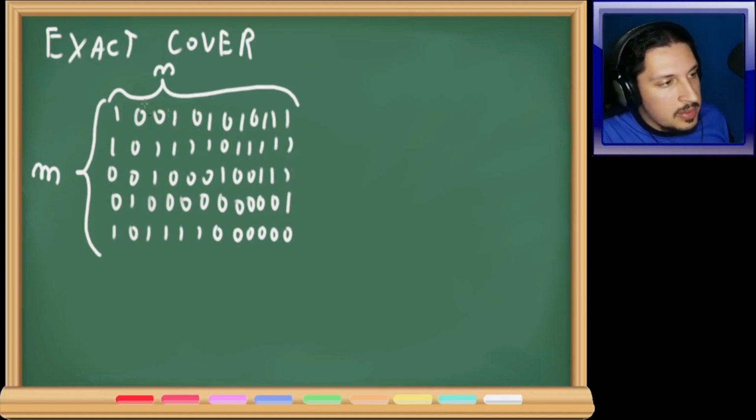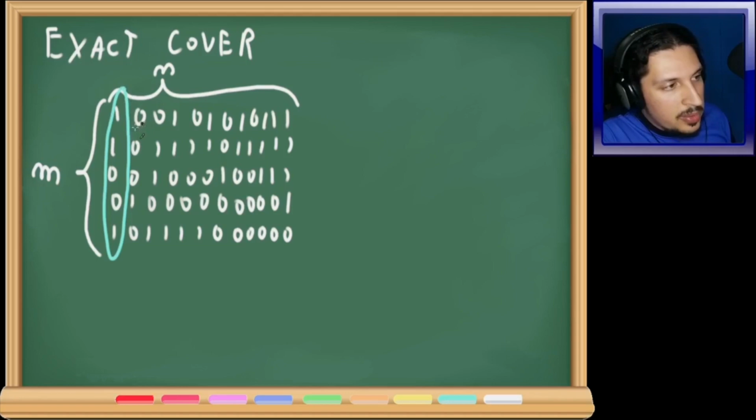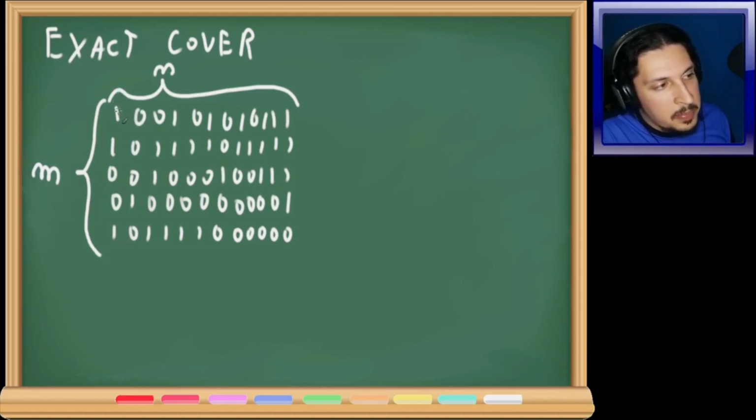Well, basically, since it's an exact cover, we can choose one of the columns, for example, this one, why not? And we know that exactly one of those sets that have a 1 in that column must be used. So the solution either uses this set, or this set, or this set, but exactly one of those 3 will be used.